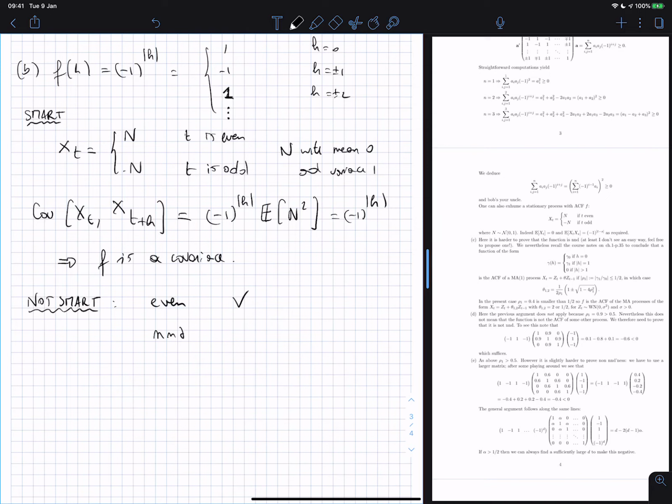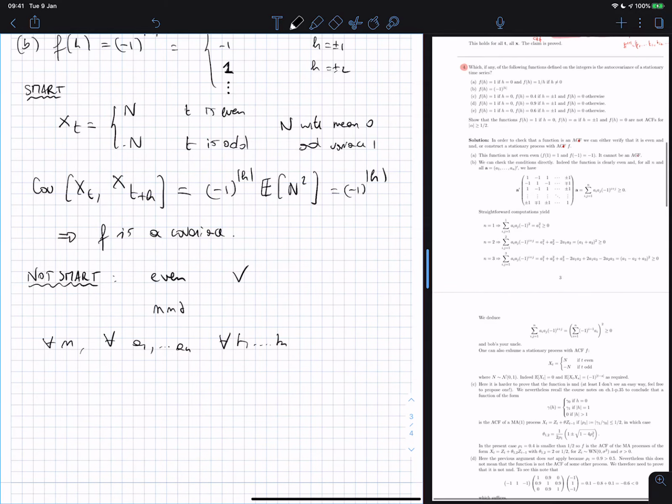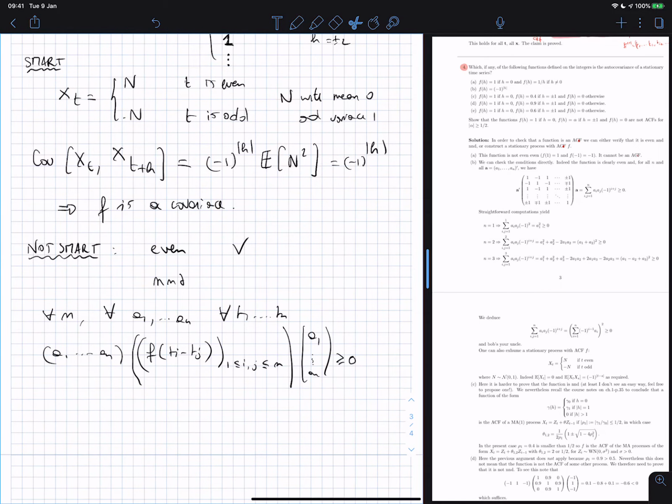So we want to show that for all n, for all a1 to an, and for all t1 to tn, the sum of a_i times f of t_i minus t_j times a_j, for 1 less than or equal to i, j less than or equal to n, is non-negative. That's okay for everybody?